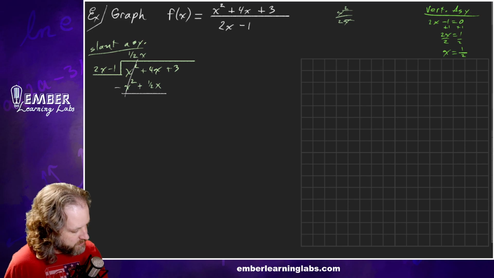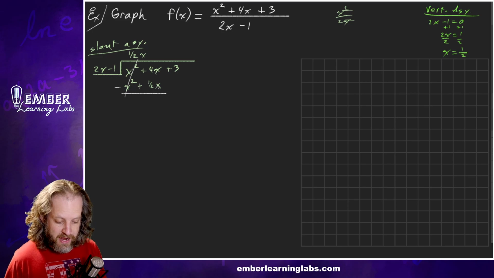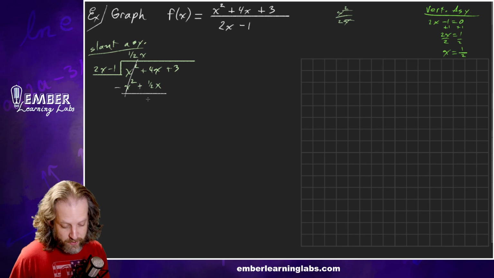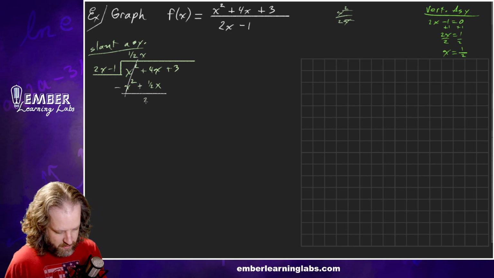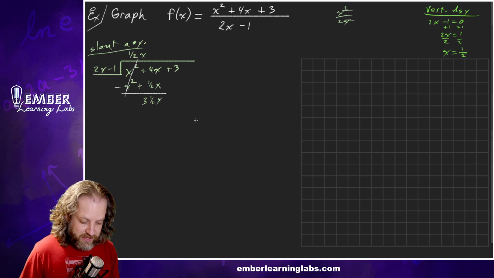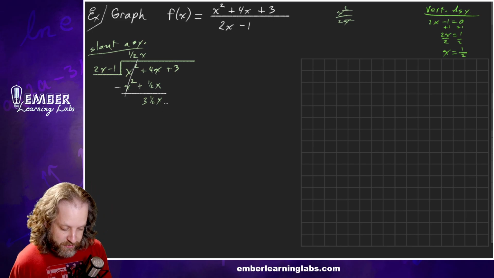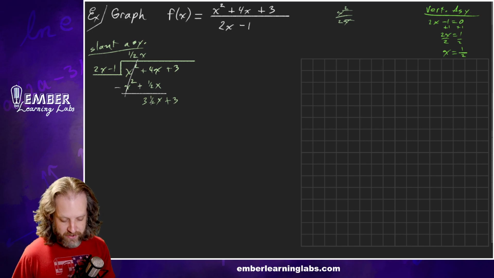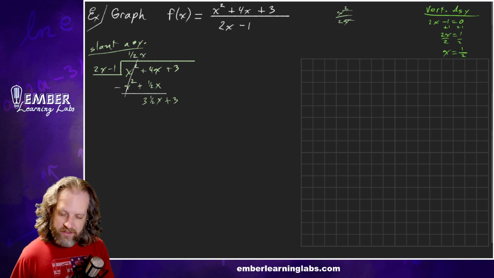This one cancels. 4x minus a half is 3.5, 3 and 1/2 x. I'm going to bring down the plus 3. 2x goes into 3.5x, and the x's are going to cancel, right?